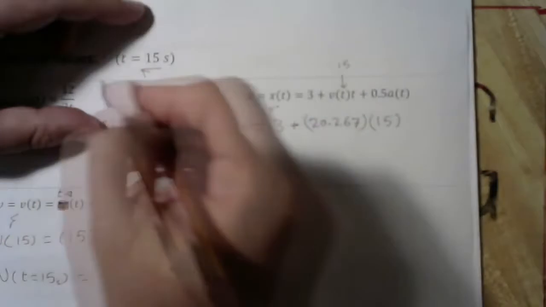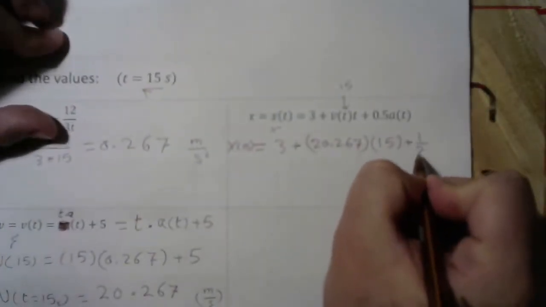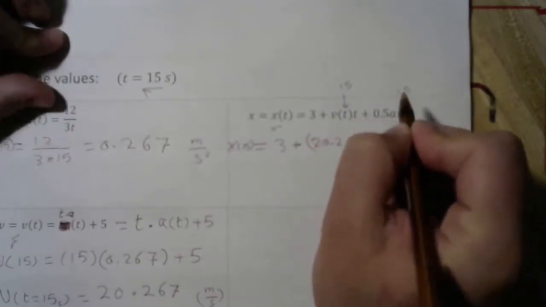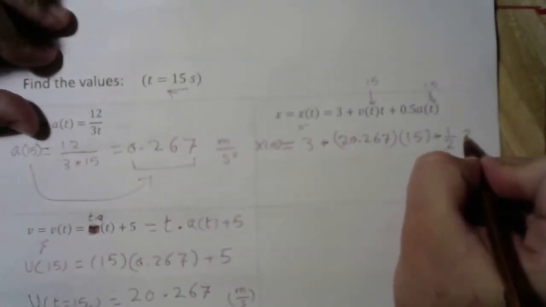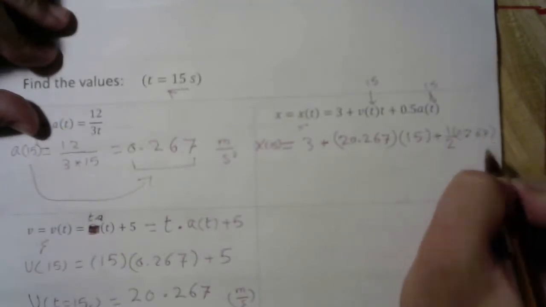It is the same time for all of them. Plus half a of t, at 15 seconds. The acceleration at 15 seconds is this value, 0.267.